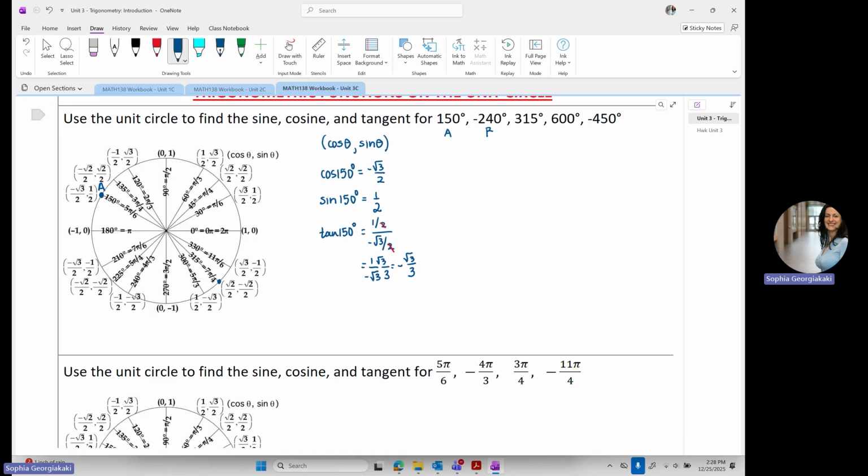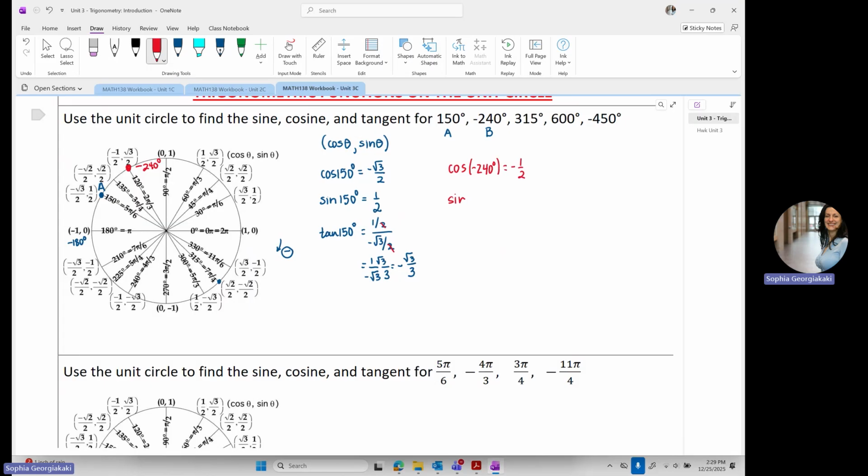angles. So let's try -240. So -240 will go in the negative direction. It will be -180 here, and then I need to go another 60 degrees. So in red here, I'm going to mark the -240. It's coterminal with the angle at 120. So the cosine of -240 is the first coordinate at 120, which is -1/2.